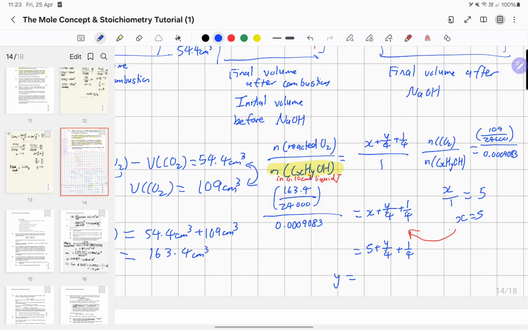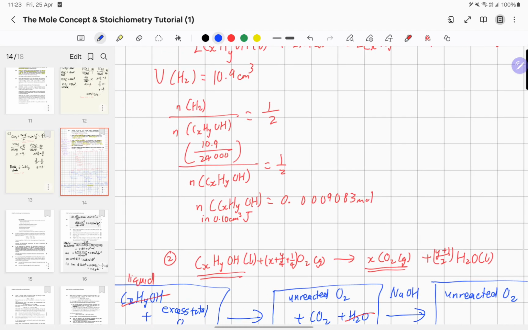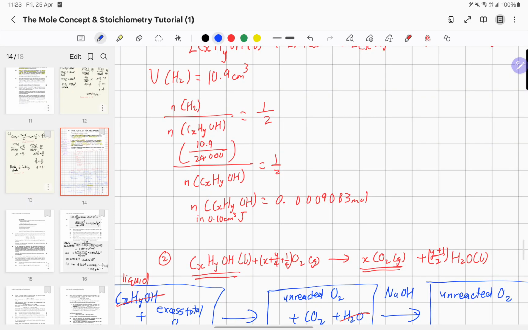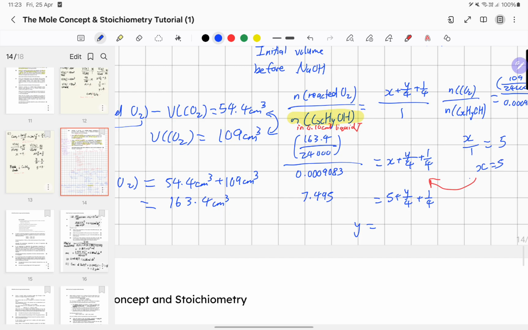Okay, so this one would have been 7.495. Right, then afterwards you just need to bring all the numbers across.